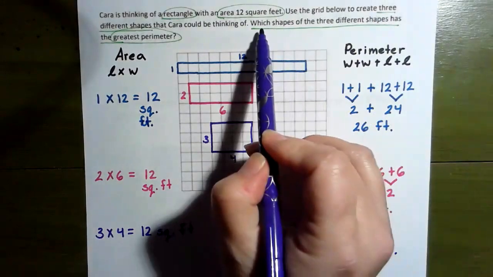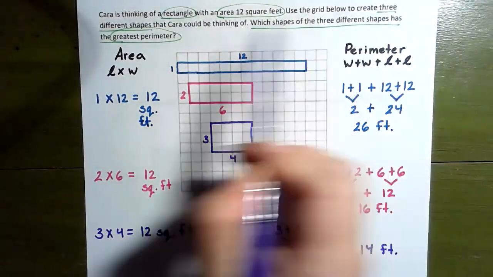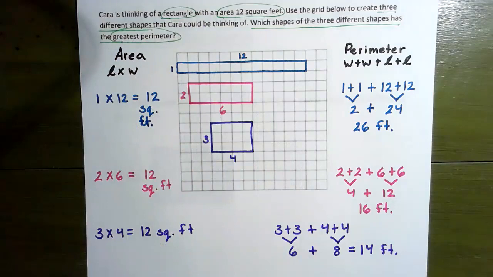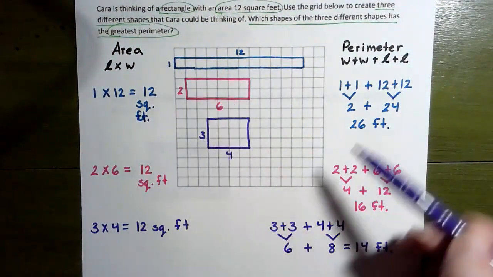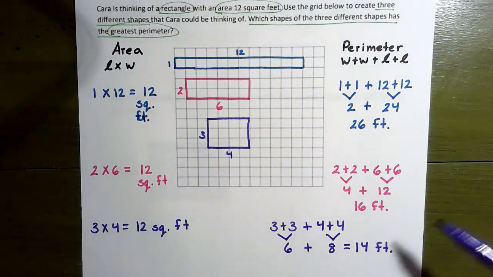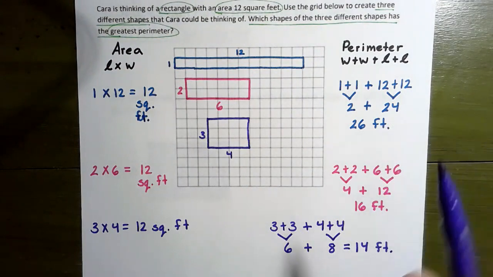The problem said which shape of the 3 different shapes has the greatest perimeter. So now we need to compare the perimeters of all 3 shapes. We have 26 feet, 16 feet, and 14 feet.